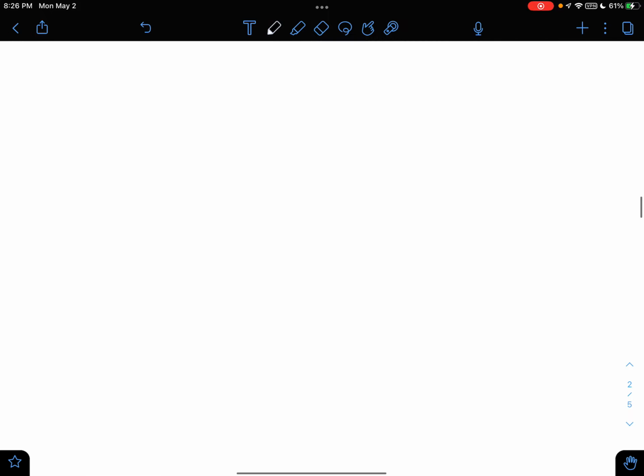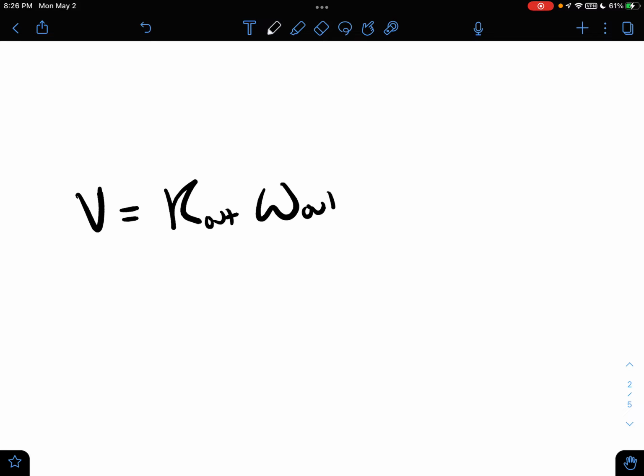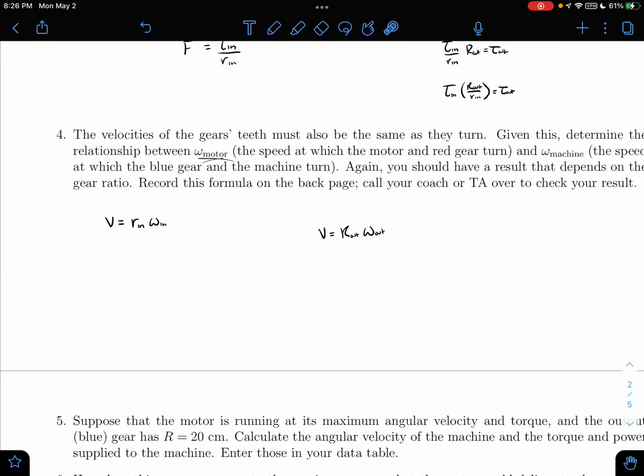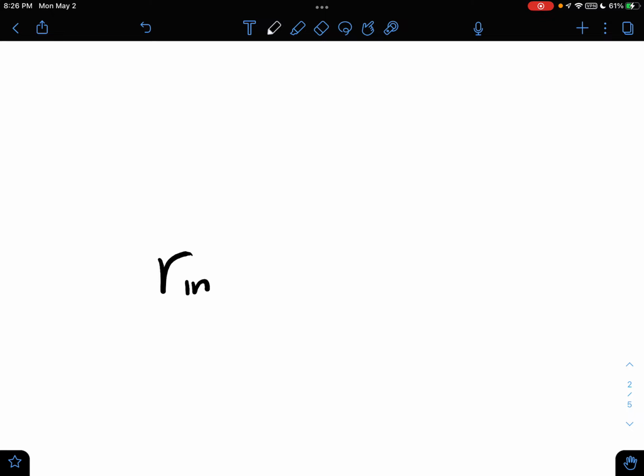And we also know that for our blue gear, the velocity of the teeth is going to be our r out times omega out. Well, we said that the velocities are equal. Here's our relationship. You can just set these two equal. R in omega in equals r out omega out.